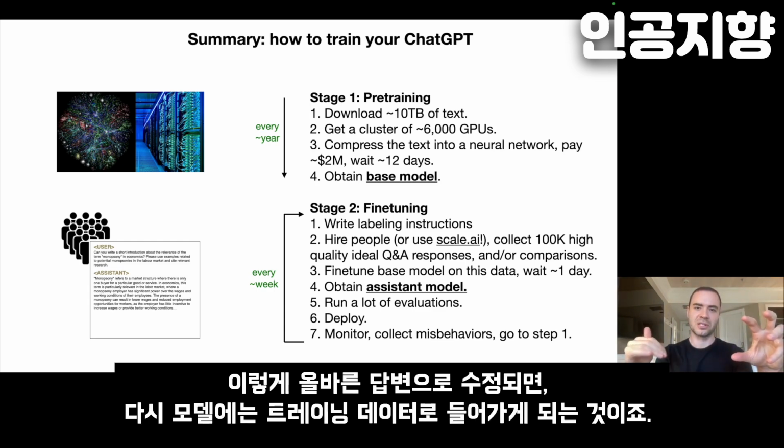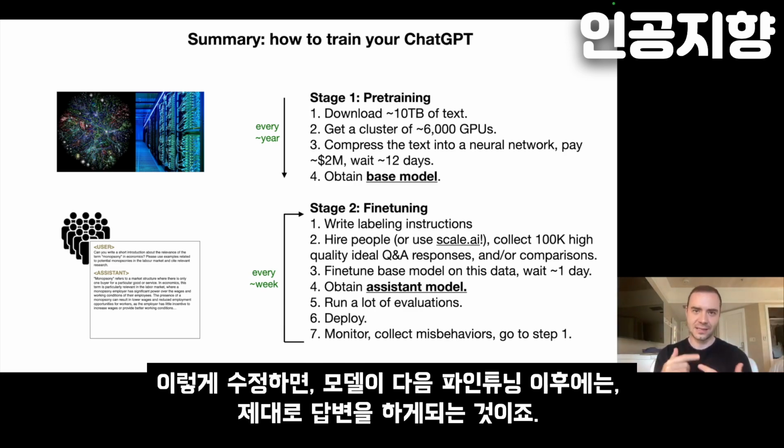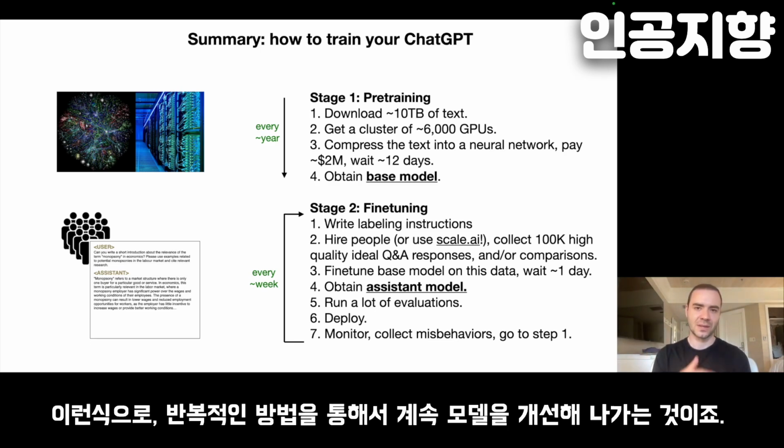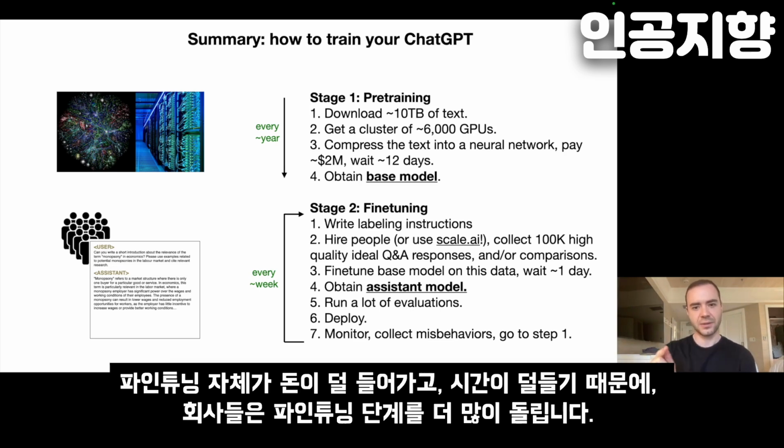The person overwrites the response with the correct one, and this is inserted as an example into your training data. The next time you do the fine-tuning stage, the model will improve in that situation. That's the iterative process by which you improve this. Because fine-tuning is a lot cheaper, you can do this every week, every day, or so on. Companies often iterate a lot faster on the fine-tuning stage instead of the pre-training stage.